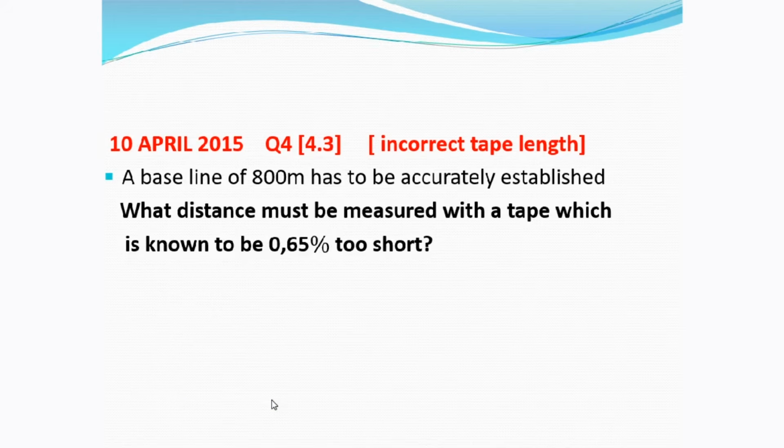Let us go to question paper 10, April 2014, question 4. Question number 4.3. It says a baseline of 800 meters has to be accurately established. What distance must be measured with the tape, which is known to be 0.65% too short?